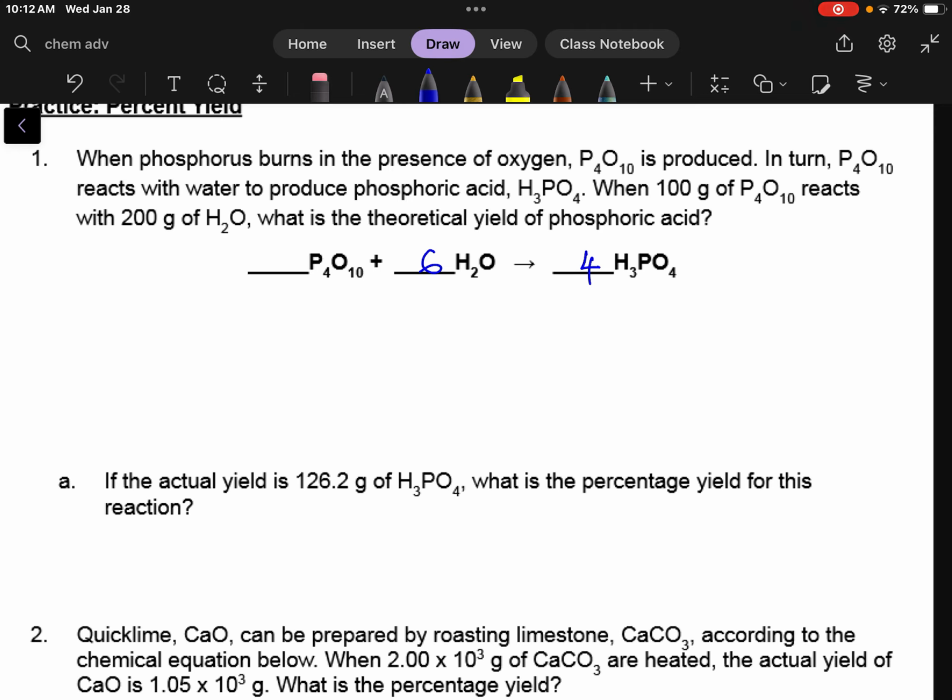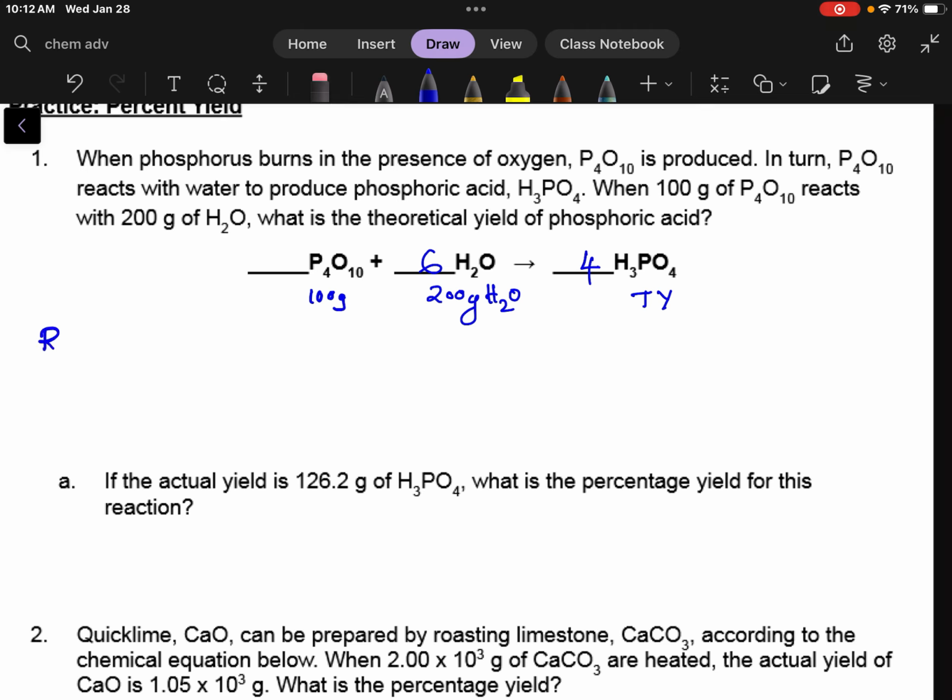Look at the oxygen, 16. Okay, that is balanced. Now go ahead and read the question. You have 100 grams of tetraphosphorus decaoxide, and 200 grams of H2O. We are going to find the theoretical yield.